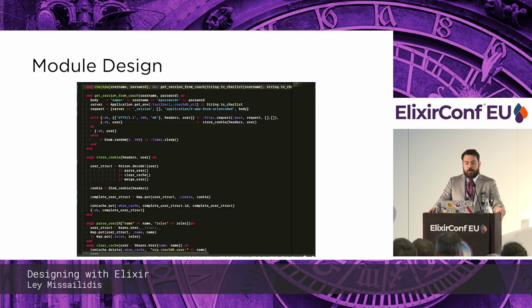Again, it just takes username and password and then it has a backend to it. The other one is get session from Couch. I think this function is now called get session. It takes the same information, but if you're not logged in to Couch at all, it double checks and then grabs the session data. In this case, I'm using httpc, and I'll explain why in a second.